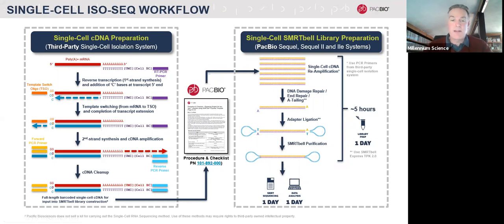And then the workflow runs essentially very similarly. So you do your first strand synthesis, and the template switch oligo allows you the second strand synthesis. You then have some handles on the end that you know about, so that you can do some amplification and the usual sort of cleanups.